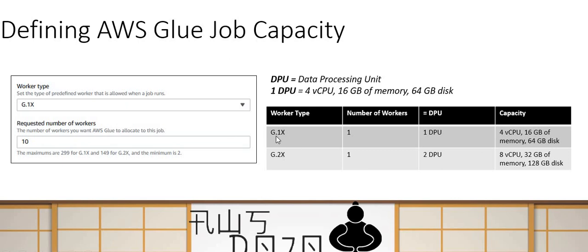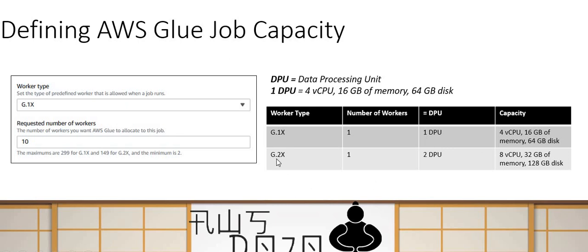When you are saying your worker type is G.1X and you are selecting one worker, that means you are giving one DPU as the capacity. And that means you are giving 4 vCPUs, 16 GB of memory and 64 GB of disk space as capacity to your Glue job. Similarly, if you are selecting G.2X as a worker type and you select number of workers equal to 1, that means 2 DPUs. So in case of G.1X, one worker means 1 DPU.